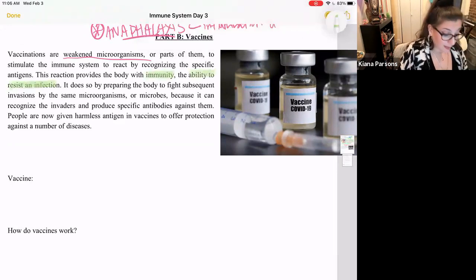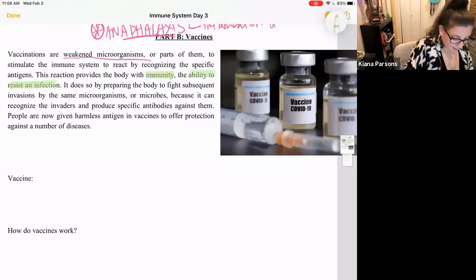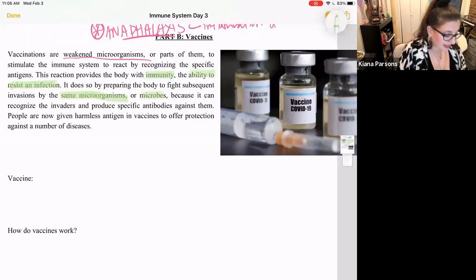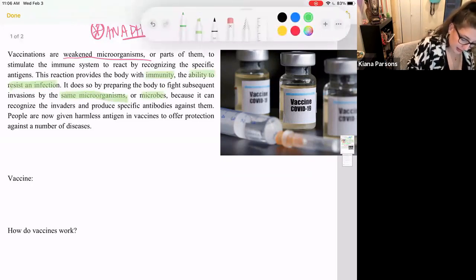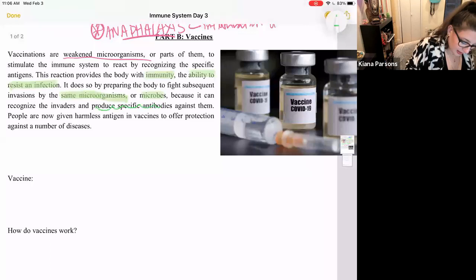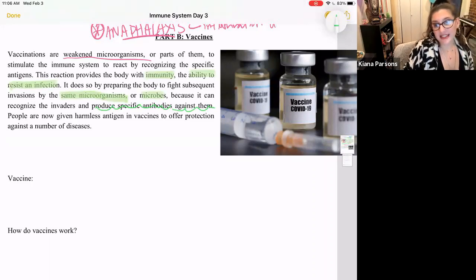It does so by preparing the body to fight subsequent invasions by the same microorganisms, and that's key there, or microbes, because they recognize the invaders and produce specific antibodies against them. People are now given harmless antigens and vaccines to offer protection against a number of diseases, right?